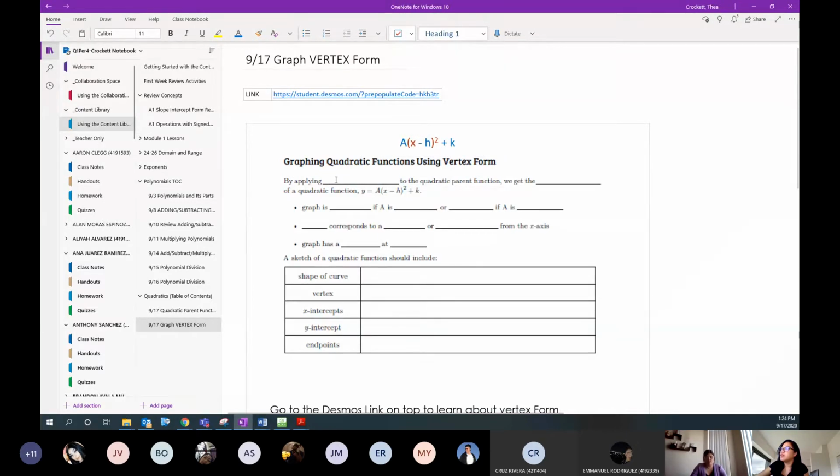All right, we're gonna be applying transformation. Transformation is when you move. So to be able to get little parabolas, we're gonna be moving them to be able to get the vertex form.